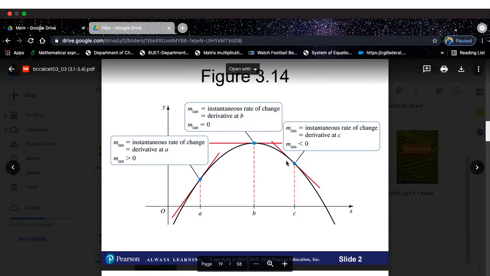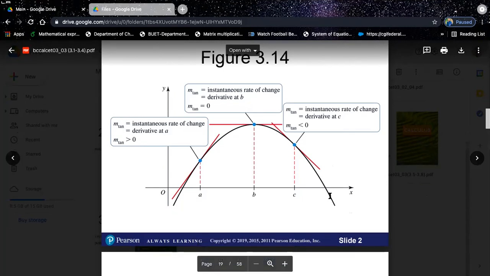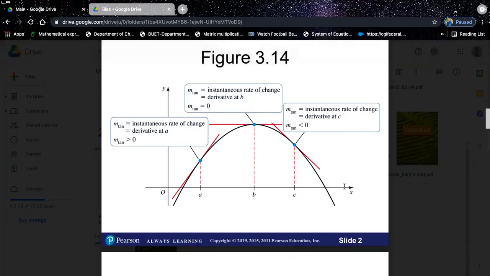So if you consider it relative to the highest point, it will be negative. The graphical representation, as I said, is that if you extend it and join it with the x-axis and the angle with the x-axis is more than 90 degrees, then the slope of the tangent line is negative, or the first derivative at that point is negative.